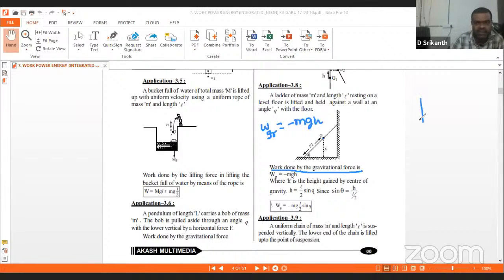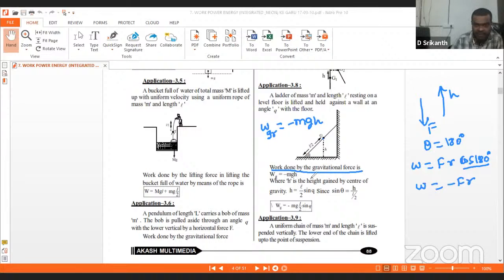When force is downwards and displacement is upwards, the angle between them is 180 degrees. So work done is equal to Fr cos 180. Cos 180 means minus 1, so work done equals minus Fr.